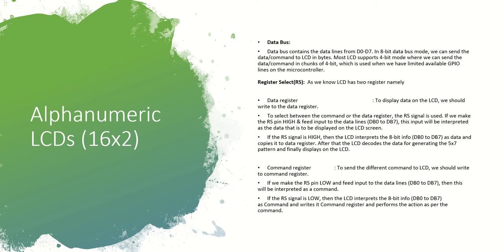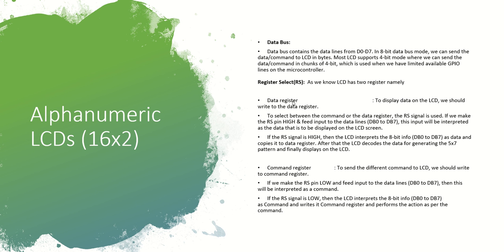Before sending anything, I need to decide which kind of thing I am sending. If I select the command register, then I will send a command. If I select the data register, then I will send data. For that purpose we have this line, and we select using this pin.